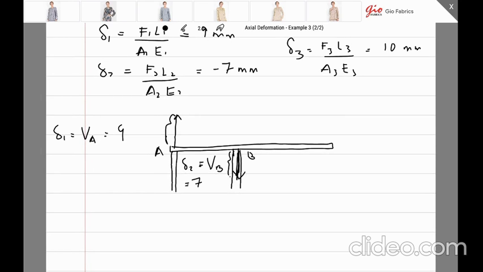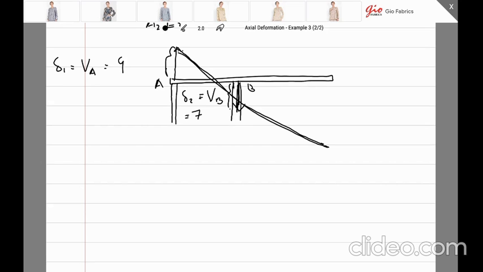Alright, and lastly, before that, let's sketch the position of the bar after the deformation, something like that. Okay, this is rough sketching.